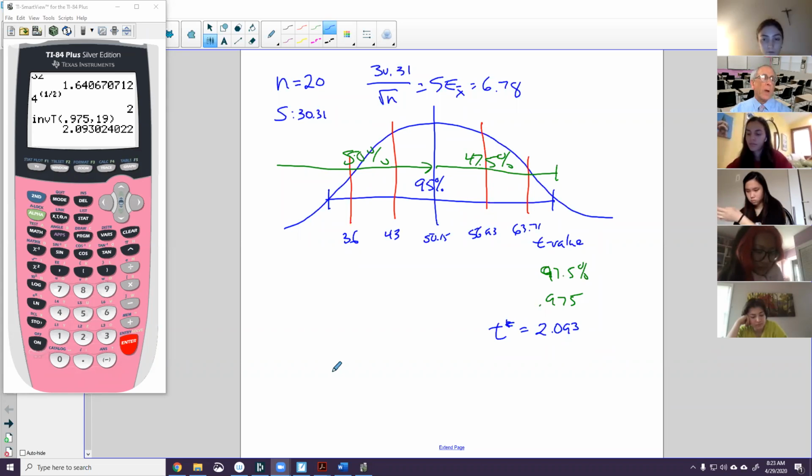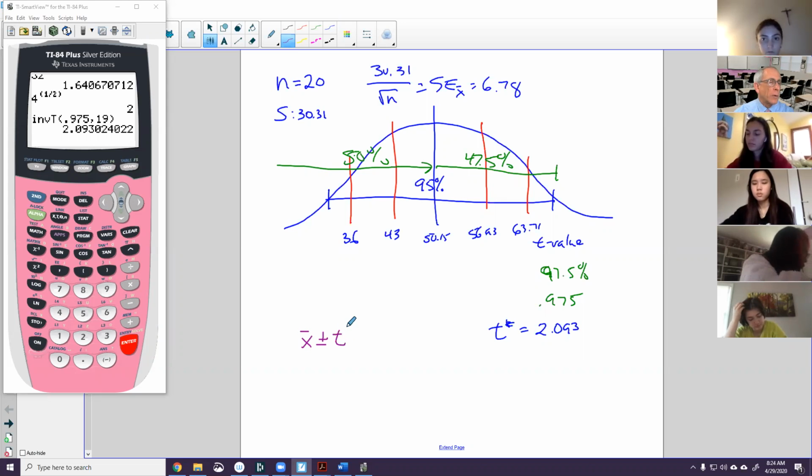So my confidence interval is going to be my X bar plus or minus my critical value times my standard error.